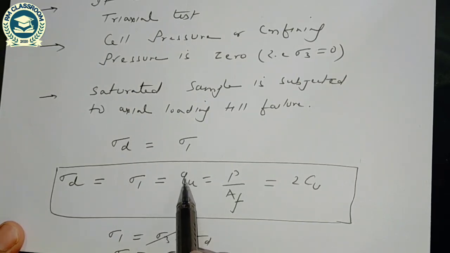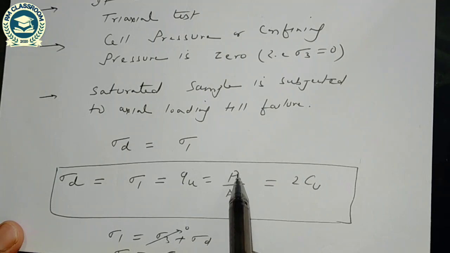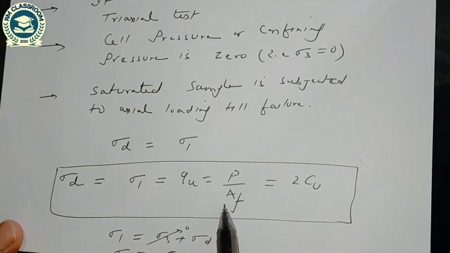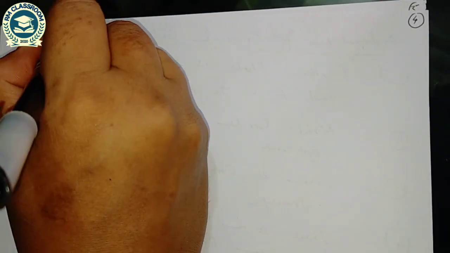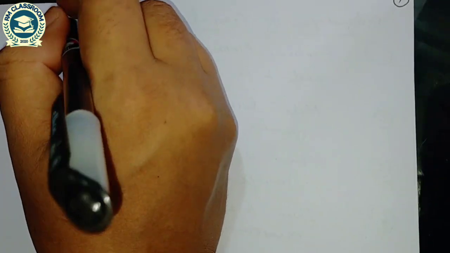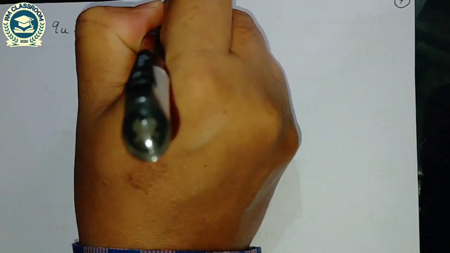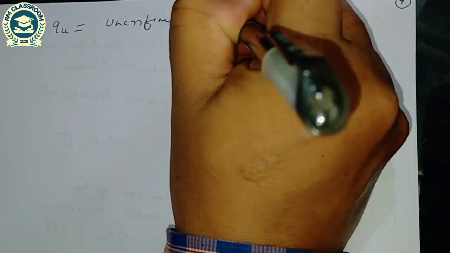And that will be equal to the Qu is the unconfined compressive strength, and this unconfined compressive strength can be computed as the load at which saturated soil sample failed divided by the corrected area of the sample at the time of failure, and this is equal to 2 times the cohesion, where Qu is the unconfined compressive strength.